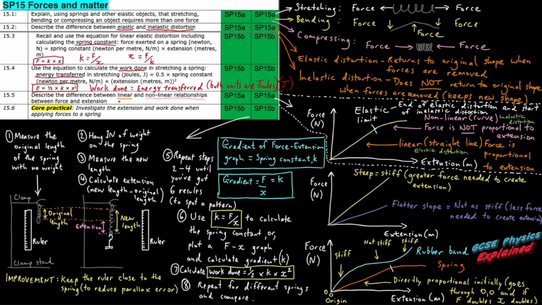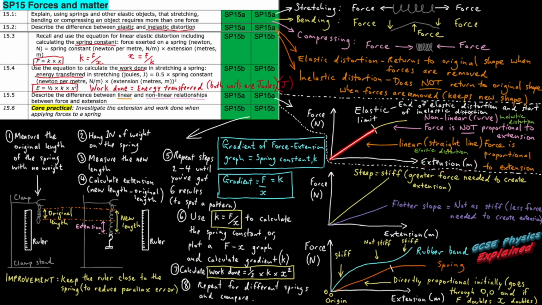Describe the difference between linear and non-linear relationships between force and extension. So as I say to my students, linear basically means the straight part of the line, and non-linear is a curve. So when you're putting a force onto a spring, it'll extend.